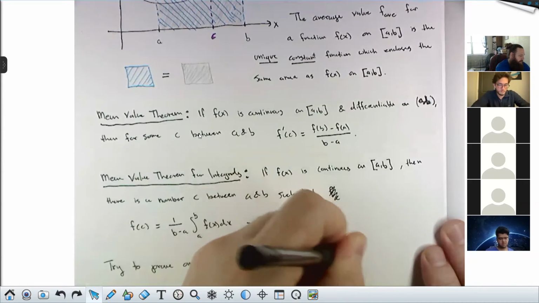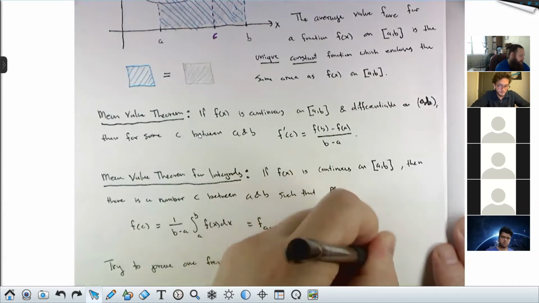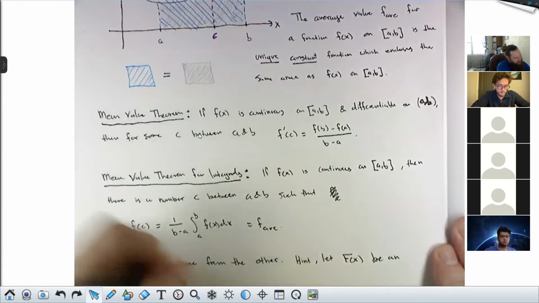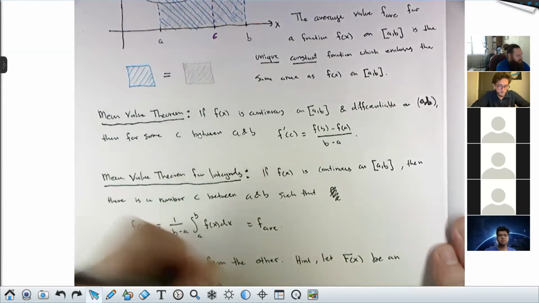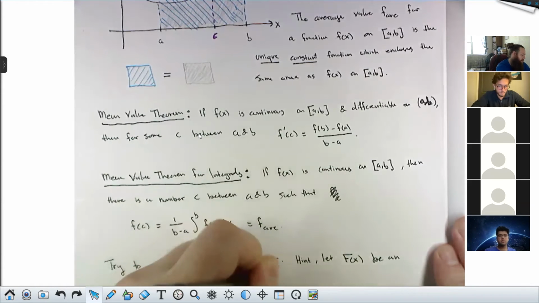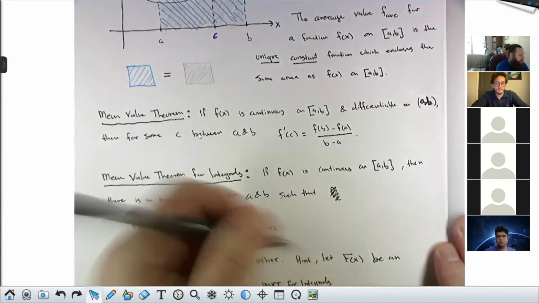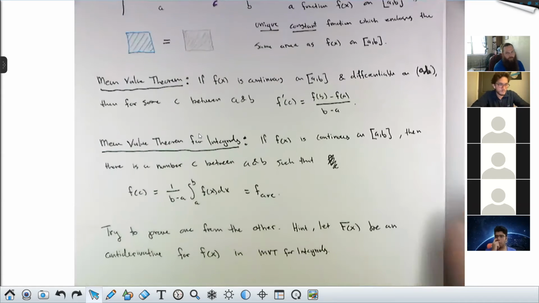Let big F of x be an antiderivative for little f of x in the mean value theorem for integrals. And pretty quickly, you should be able to prove the second one from the first. Once you see how to do that, I think you'll be able to prove the first from the second similarly without too much trouble.